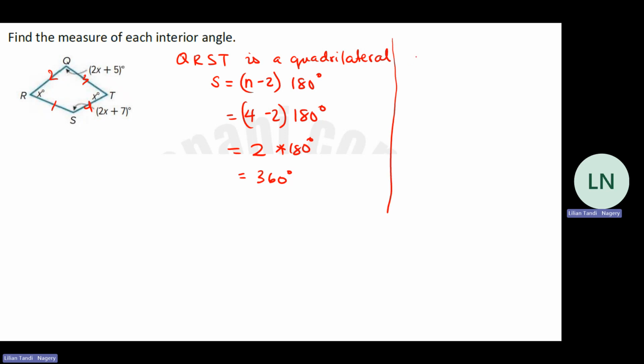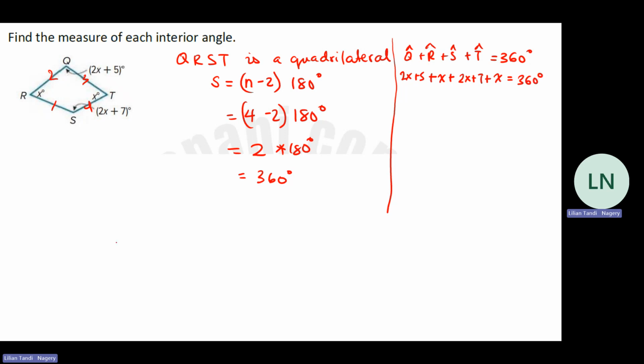We are going to say angle Q plus angle R plus angle S plus angle T should give us 360 degrees. Angle Q is 2x plus 5 plus angle R is x plus angle S is 2x plus 7 plus angle T, which is x, gives us 360 degrees.